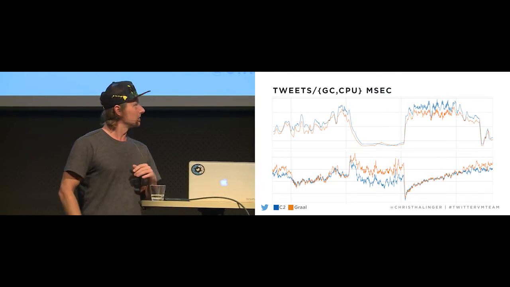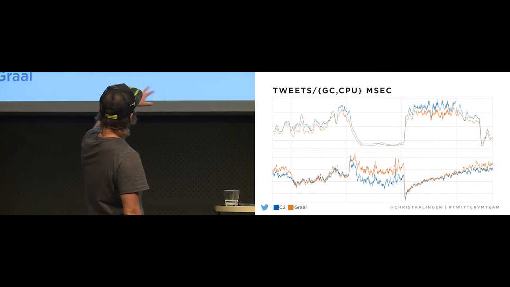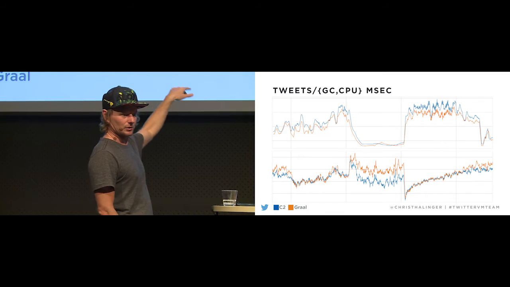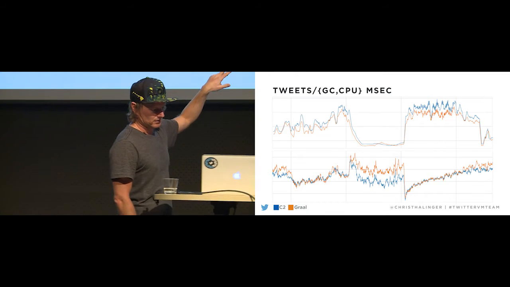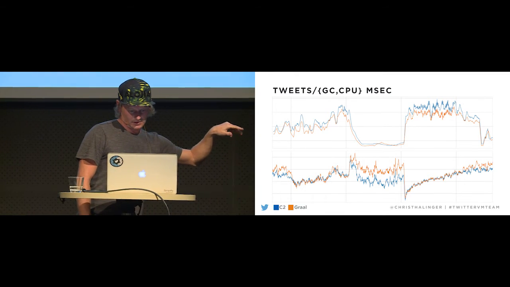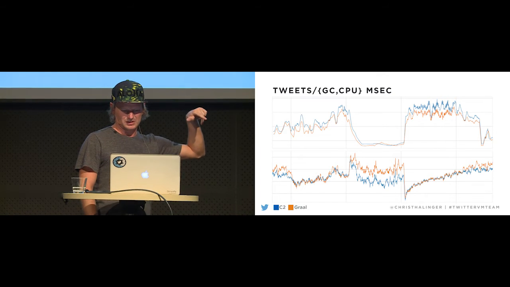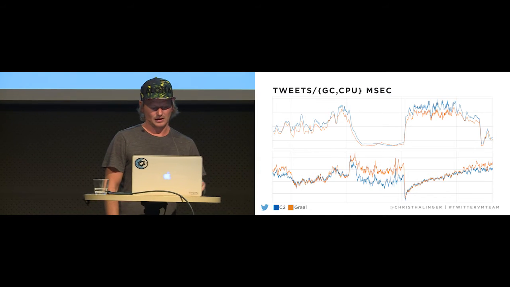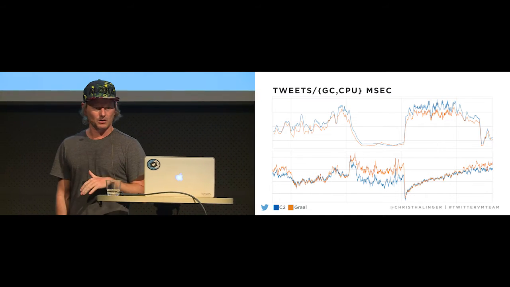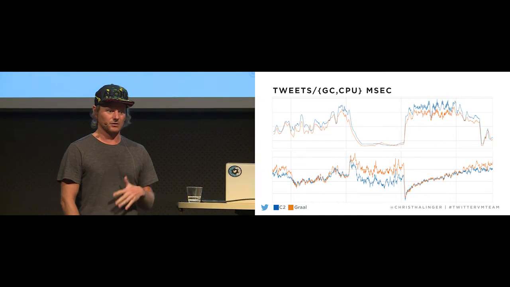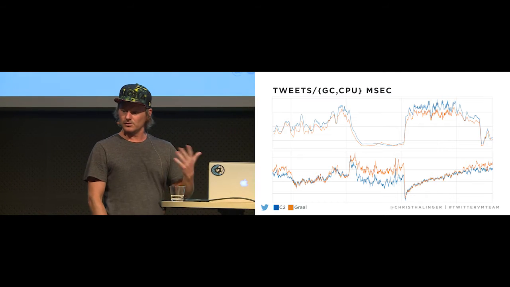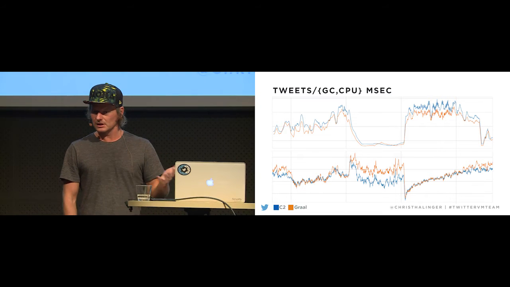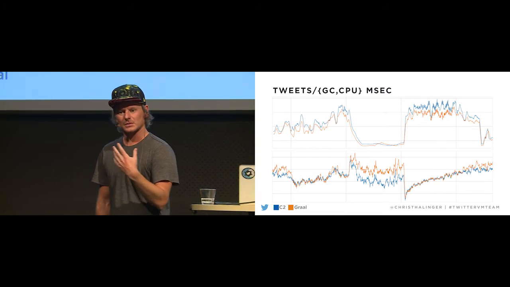The bottom one is very interesting: especially when the load's low, we can send out many more tweets per CPU millisecond. At the top, Graal is 20% worse than C2, and at the bottom, it's up to 8% better, which means if you have lots of instances running on lots of machines, you can save some electricity and energy and cooling, and that means money.